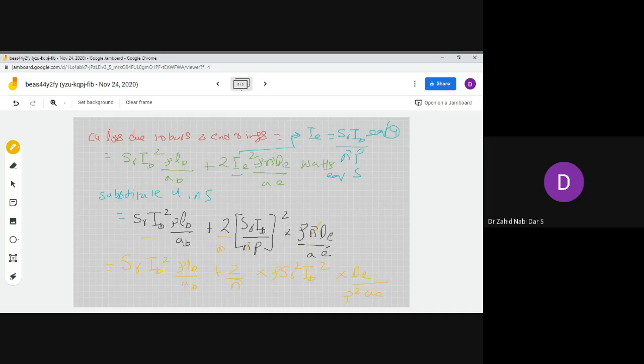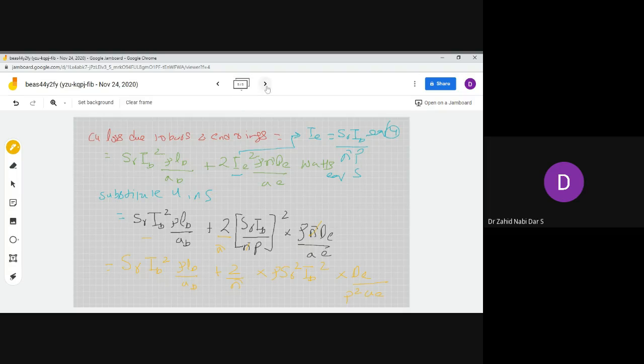Now you can take common. Can you take common and tell me what the values are? You can take common rho, your SR square, and IB square. If you take SR square common, then instead of LB you have to divide by SR also.